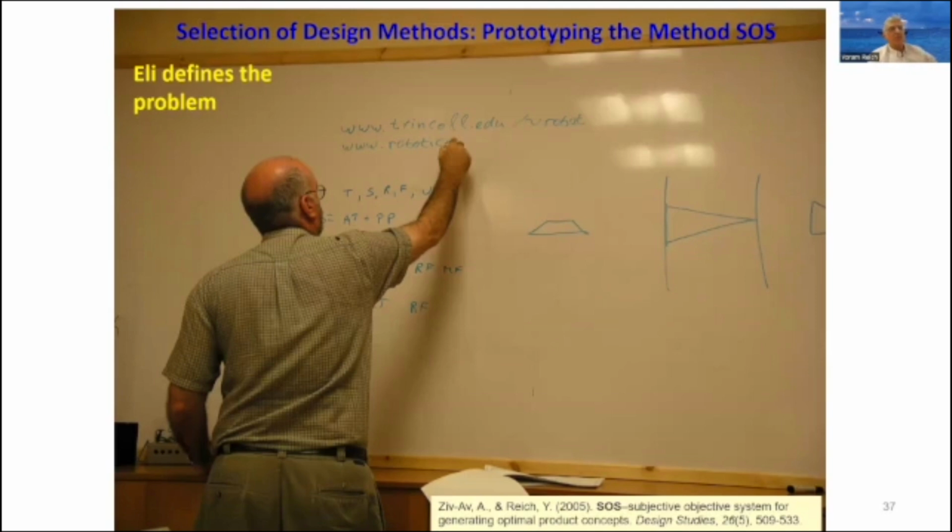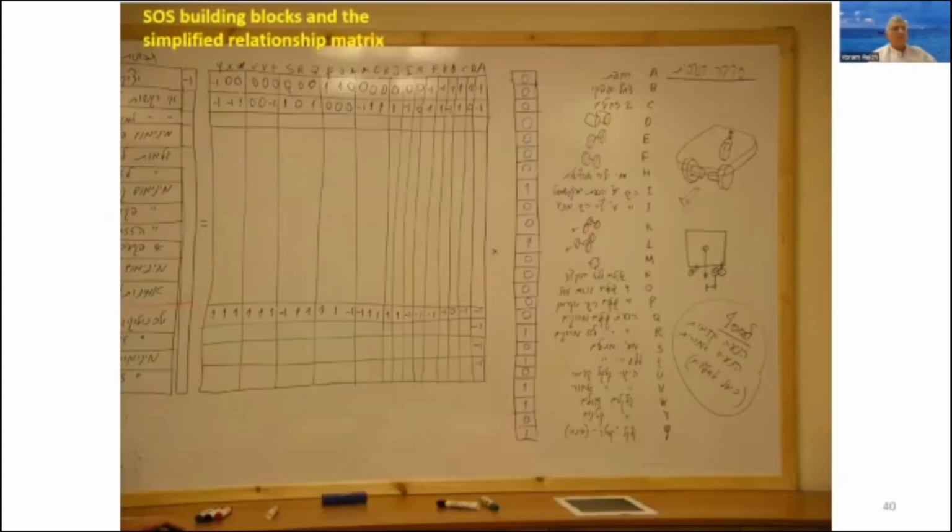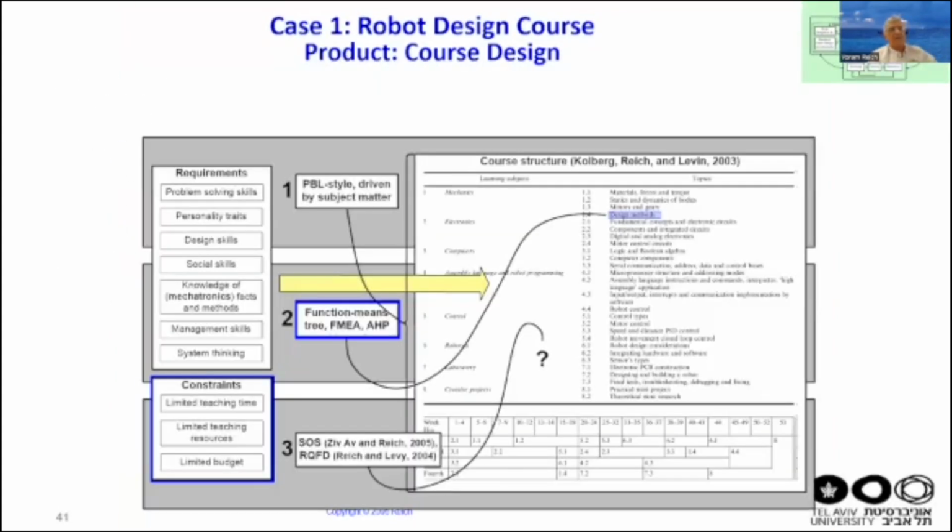So what we did is we prototyped the method on the topic of designing robots. Eli was explaining the problem of the robot. We started with the rules of the competition for which the students developed the robots, and Amir tried to see how to address the problem, and it got complicated, and we basically skipped this.